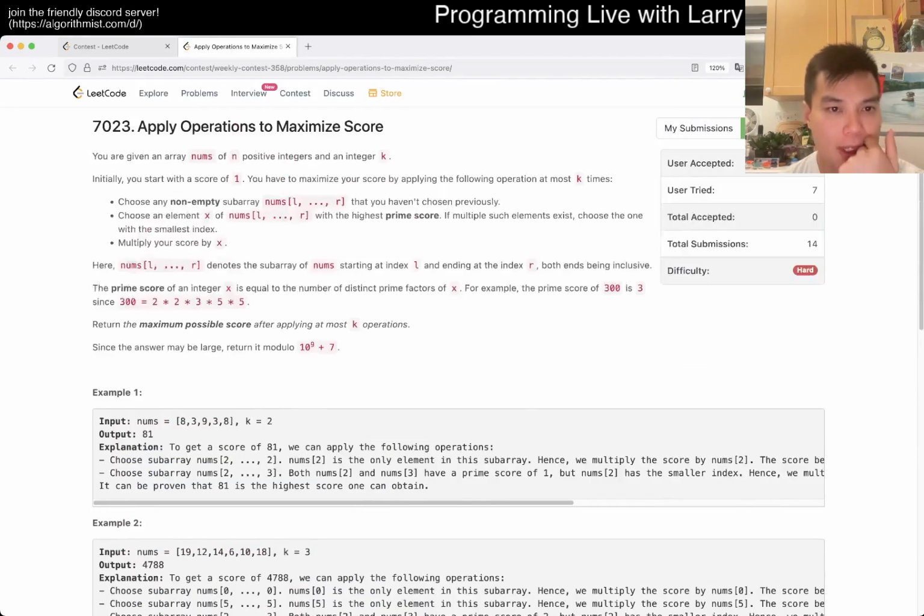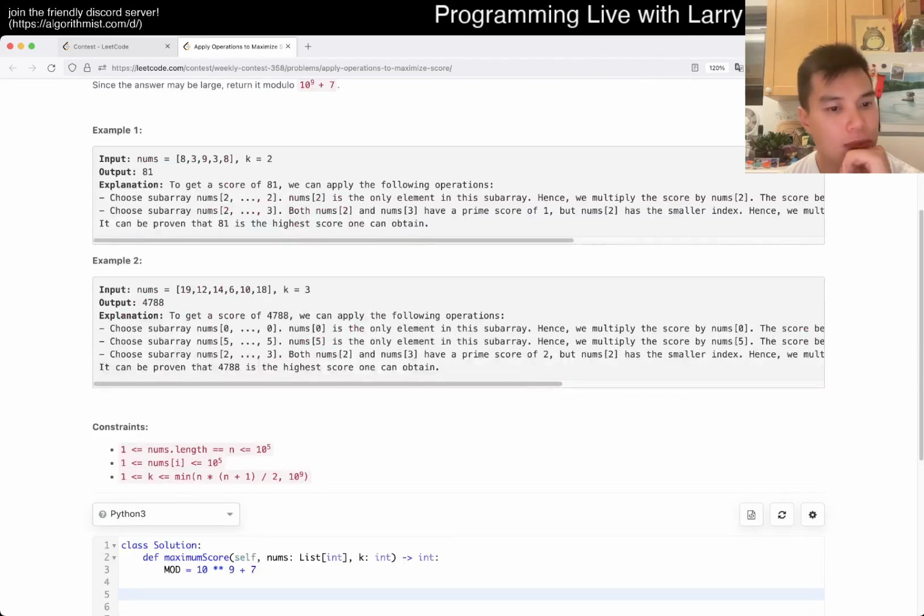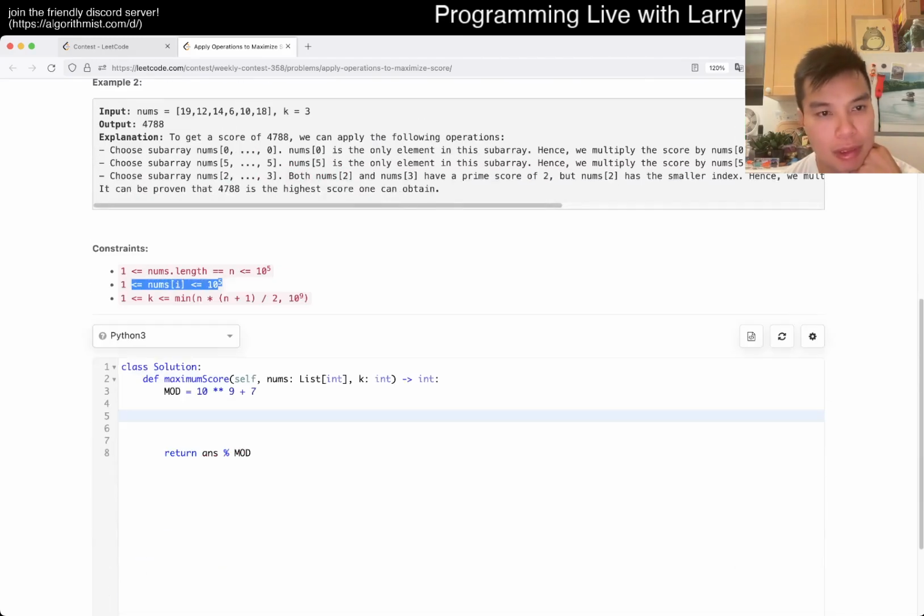Okay, so we keep on taking care of indexes. The prime score is the number of distinct prime factors of x. I mean, that means that we should do whatever first.